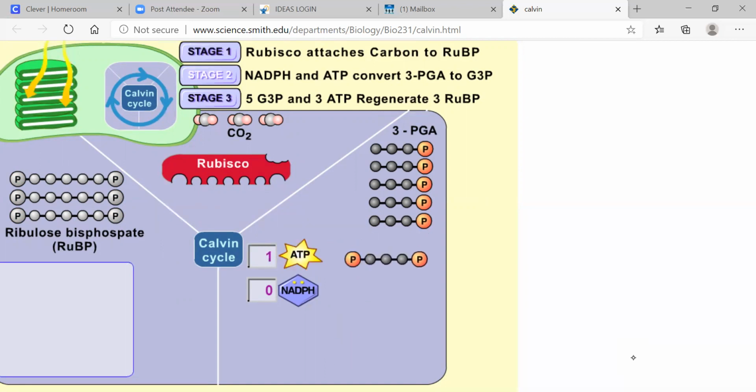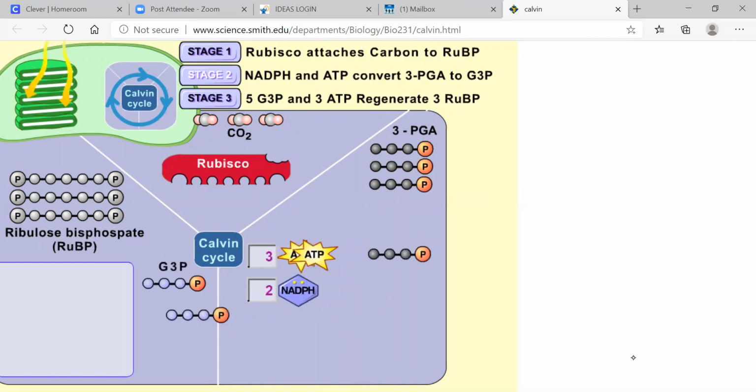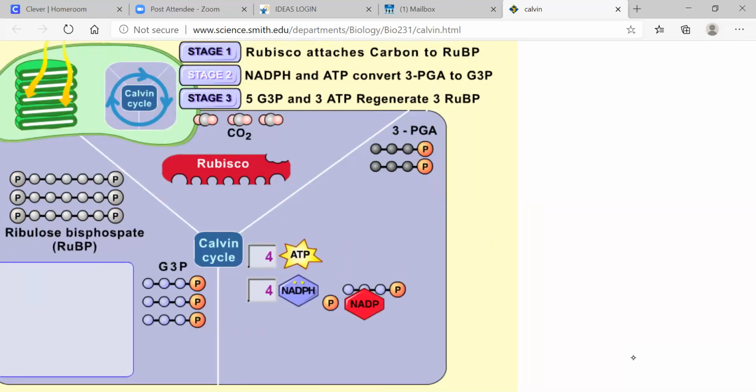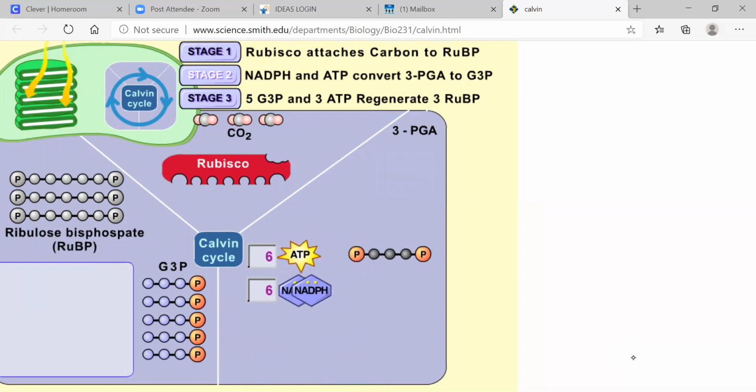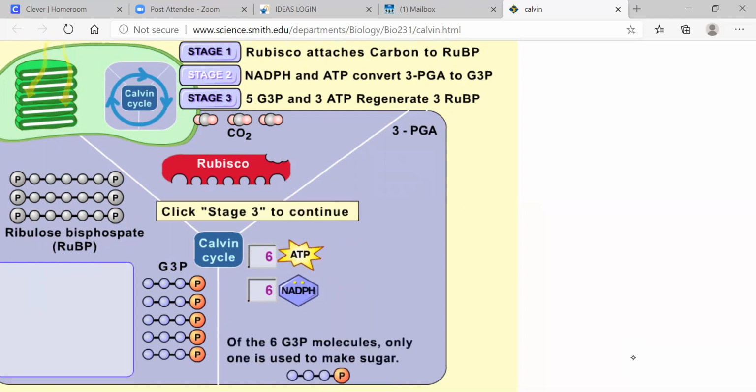Phase 2, you're going to turn PGA into G3P. So you used up 6 ATP, 6 NADPH. One of the 6 G3Ps you make is going to go to help make glucose.